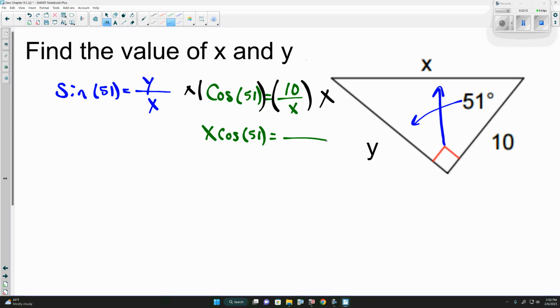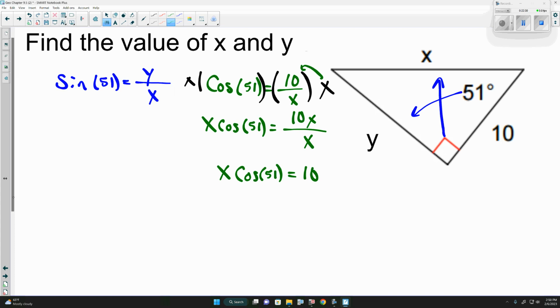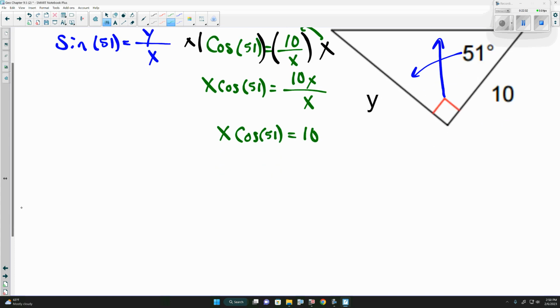If we wrote this out, when we multiply the x by the numerator, we get 10x divided by x. But x divided by x is, anything divided by itself is 1. Yeah, they cancel each other out.